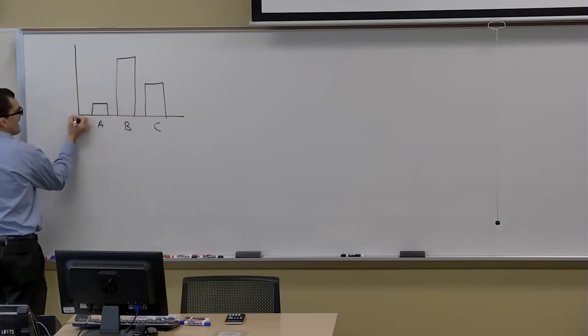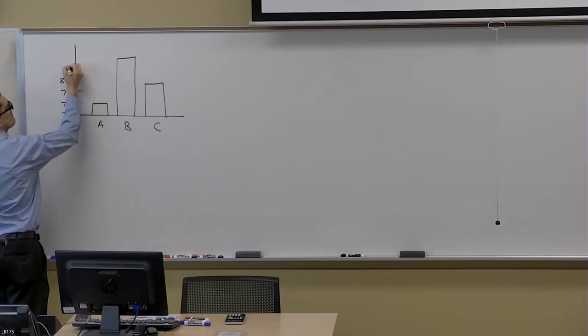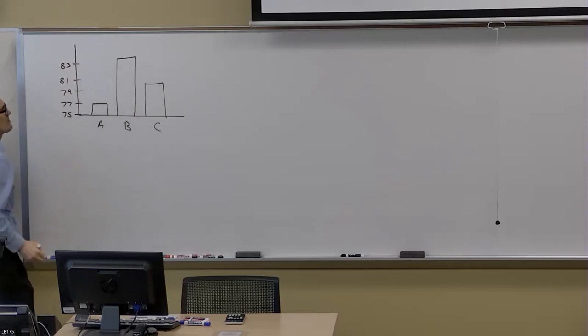Well, if it happened that my y-axis measurement started at like 75, and this was at 77, 79, I'll try to jump by 2s, 81, 83, something like that. This is a misleading graph.